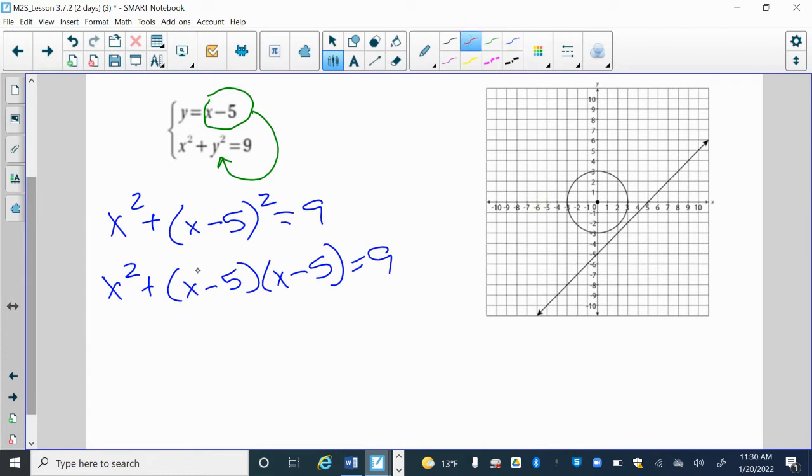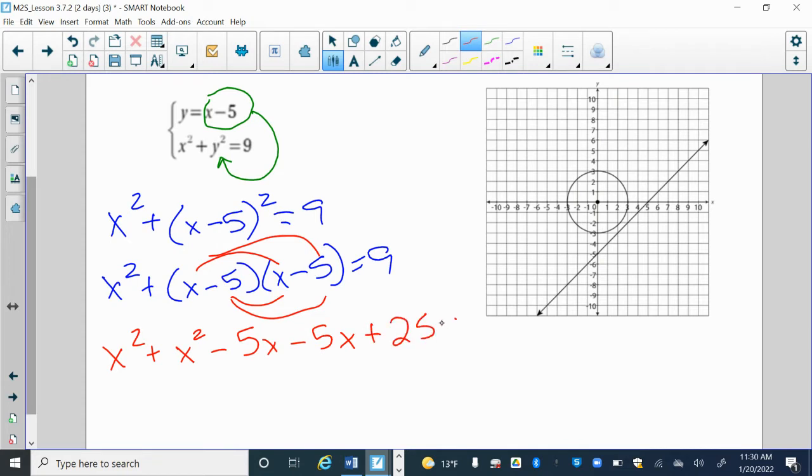We can double distribute that out. So we'd have x squared plus x squared, x times negative 5 minus 5x, negative 5 times x minus 5x, negative 5 times negative 5 plus 25 equals 9.